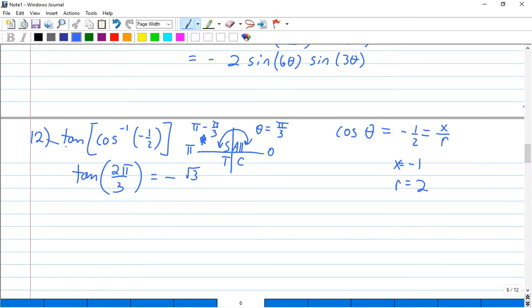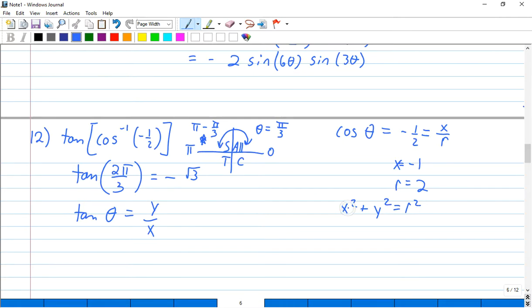So to take the tangent, what do I need? Tangent is y over x. So I need to know what my y is. So the way that I get that is by using x squared plus y squared equals r squared. It's basically the Pythagorean theorem, but for circles.